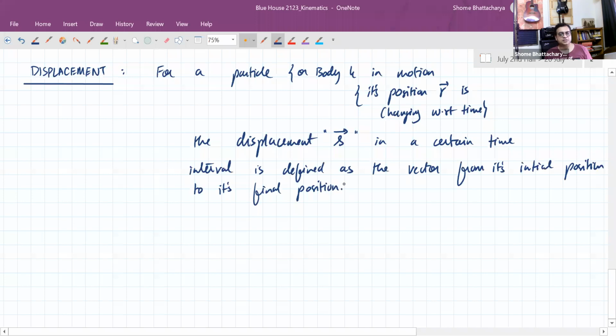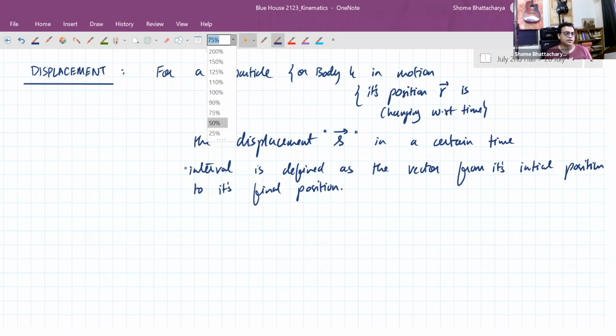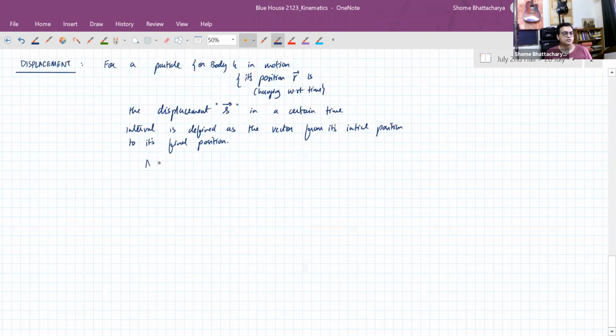Okay. So this captures the spirit of the definition that you've seen before, that is the shortest path or the straight line, but now it's defined as a vector. And of course, this also means that the displacement is independent of the path, because the path might be more complicated. It might not be a straight line path.